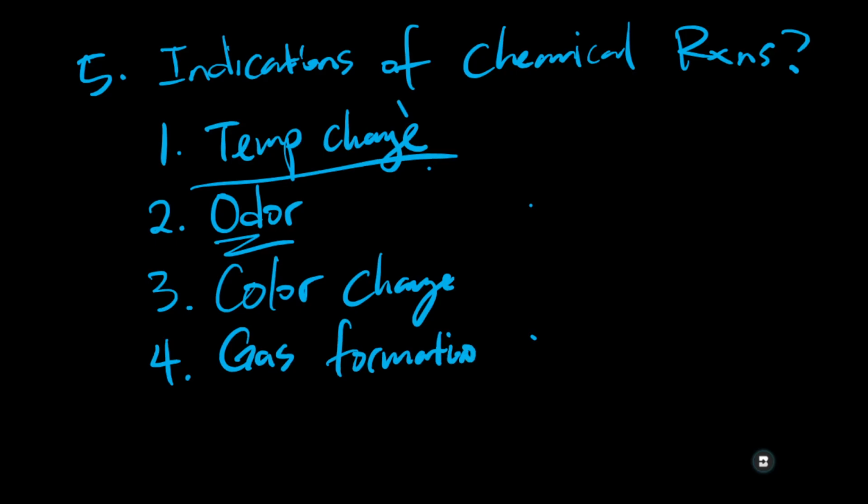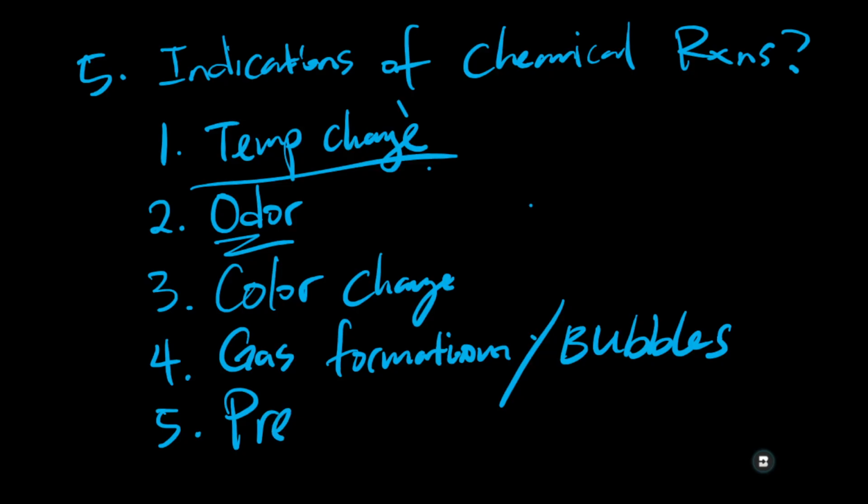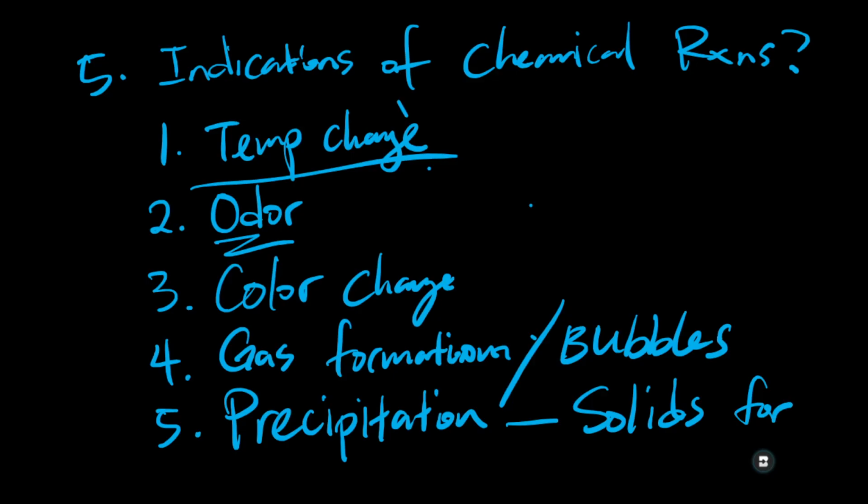So whenever there's new bubbles or gas being made, then that means there's a chemical reaction happening. And number 5 is color change, temperature change, odor, gas, precipitation. So precipitation is basically solids forming in liquid.